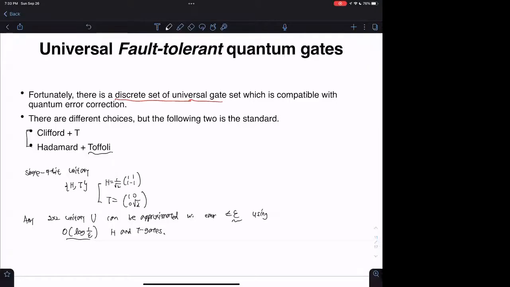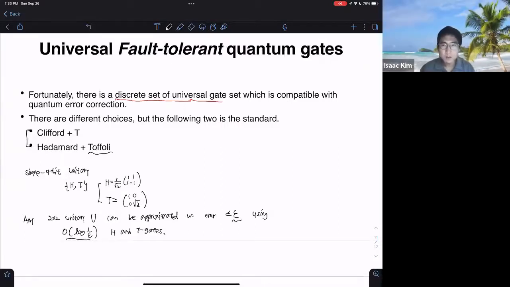So are you saying that you can apply a very long sequence of H and T operations like H, T, H, etc., so that it mimics any unitary matrix with as much accuracy as you want? Right, that's right. Oh, I see.